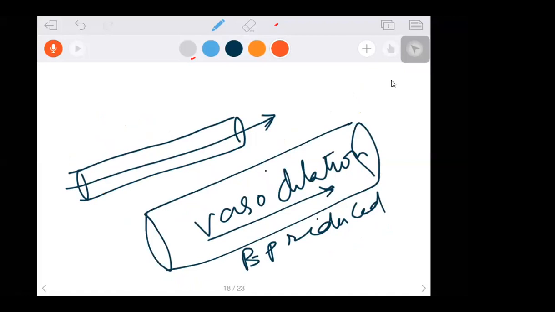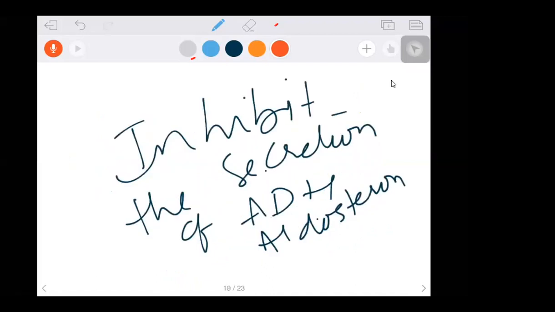The problem will be solved by vasodilation. By increasing the diameter of the blood vessels, the blood pressure automatically comes under control and is reduced. It also inhibits the secretion of ADH and aldosterone, which facilitate the absorption of water. At present, there is no requirement for the absorption of water, so it inhibits the secretion of ADH and aldosterone.